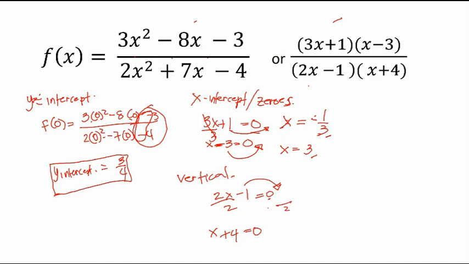Pag tinranspose mo si negative 1, magiging positive 1. Pag dinivide mo both sides by 2, magiging 1/2. So, ang una niyang vertical asymptote is sa 1/2. Yung pangalawa naman, x plus 4, transpose 4. So, ang pangalawa naman is sa negative 4. So, meron tayong dalawang vertical asymptote.